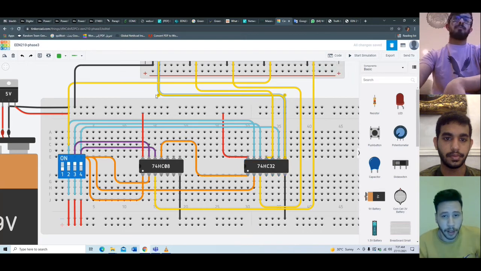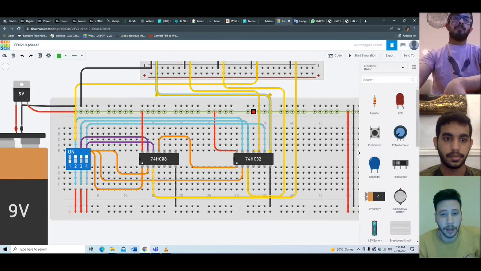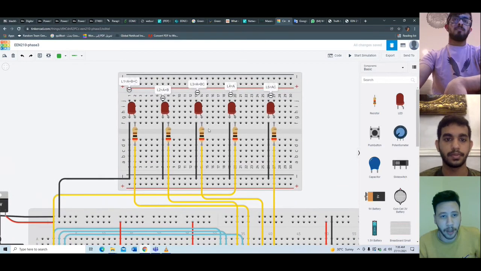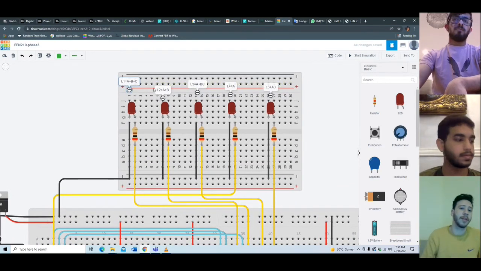The first lamp is connected to the output of this OR gate, which is directly connected to switch 3, which is C, and this one, which is the result of A and B, sorry. So we end up with this equation, which is A plus B plus C.